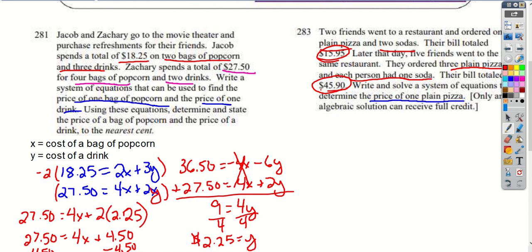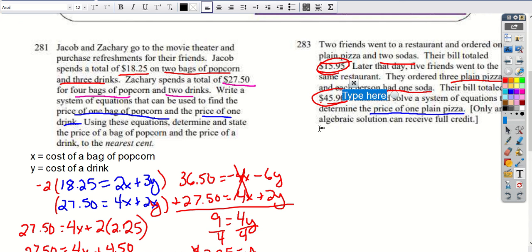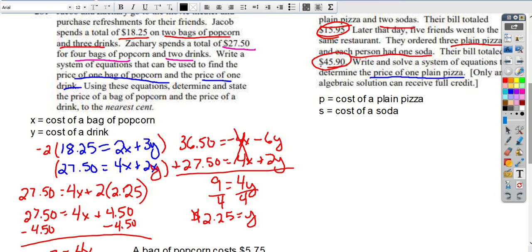So same thing, we're going to come up with the cost of a plain pizza and the cost of a soda. So even if you want to use other variables, let's just say P is equal to the cost of a plain pizza, and we'll say S is equal to the cost of a soda. All right. So same concept here. First thing we're going to do, after we get our keys, is make our equations.